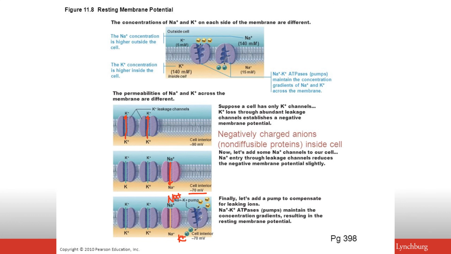So the sodium-potassium pump throws out 3 sodium ions to maintain the concentration gradient of sodium, where sodium is in higher concentration outside the cell. And it pumps in 2 potassium ions to maintain the fact that potassium is in higher concentration inside the cell. So it enables us to maintain these concentration gradients so that our leakage channels create movement as well.